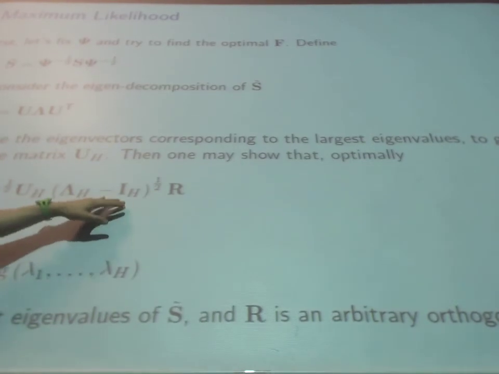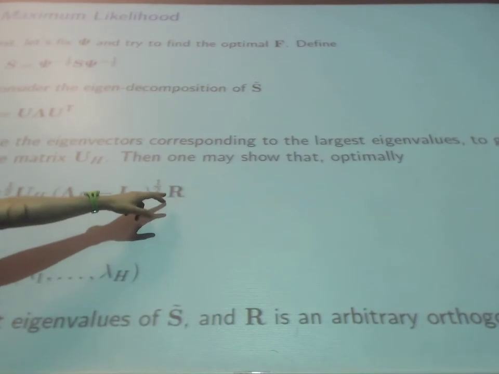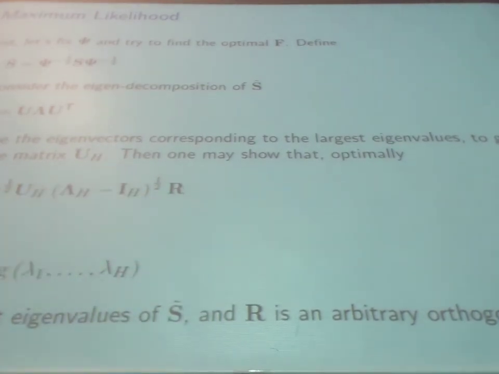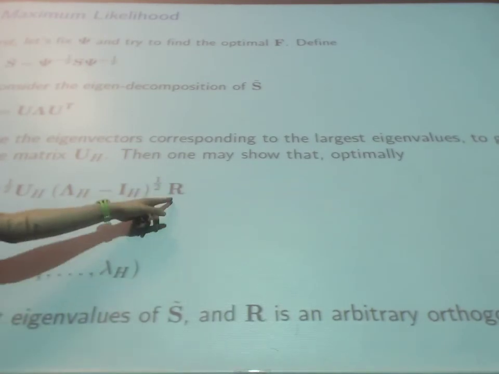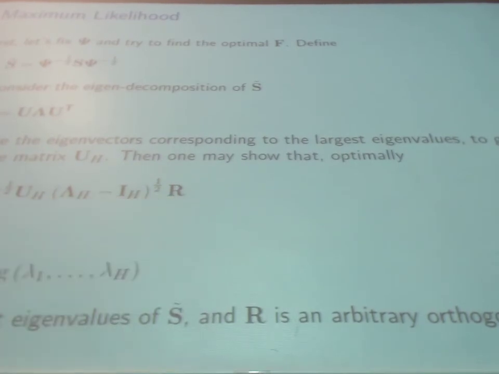Just rescale again, post-multiplied with another diagonal matrix here. And R is an arbitrary rotation matrix. This corresponds to the fact that, because we've got FF transpose, you can rotate F any way you like. So it's a similar kind of problem as before. There's an invariance there, and that invariance is expressed through this arbitrary orthogonal matrix here.